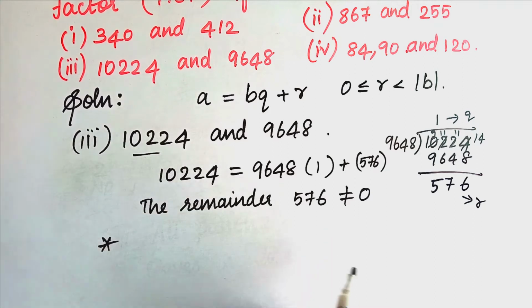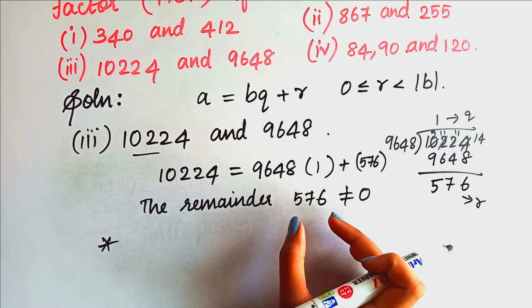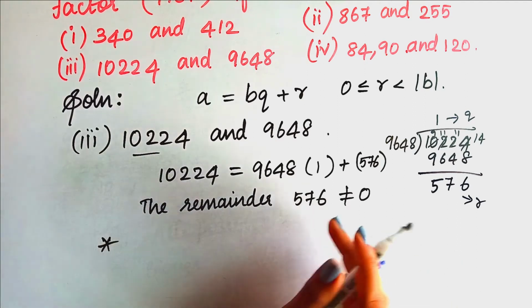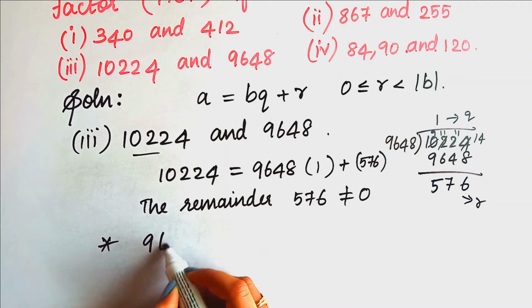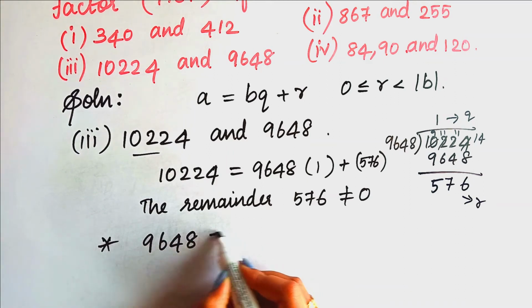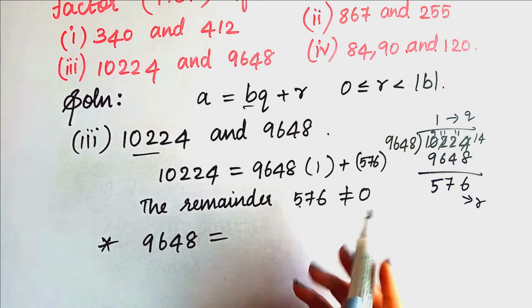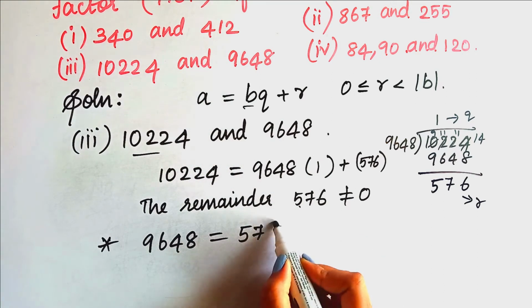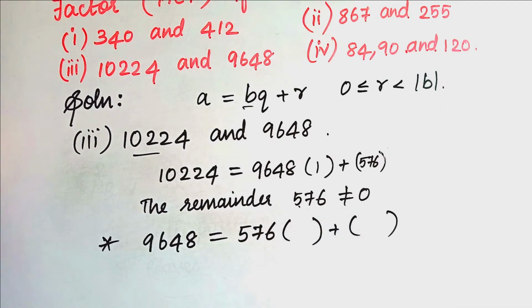We have to repeat this step until we get the remainder as 0, right? So now you have to take this as the factor A, so 9648, and then equal to, we have to take the B as the remainder, which is 576. So 576, and we have to find the quotient and the remainder.